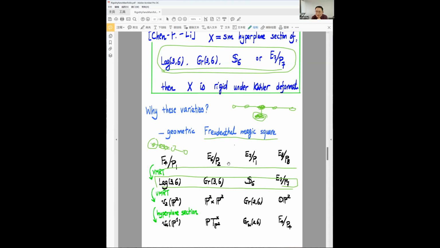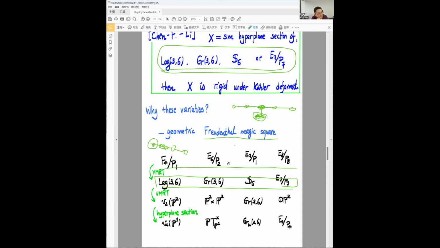You mean V5? Quintic del Pezzo threefold. It has index 2 and is the generator of the Picard group. Actually, it's just a dimension 3 linear section of G(2,5). Yeah, G(2,5). Okay.